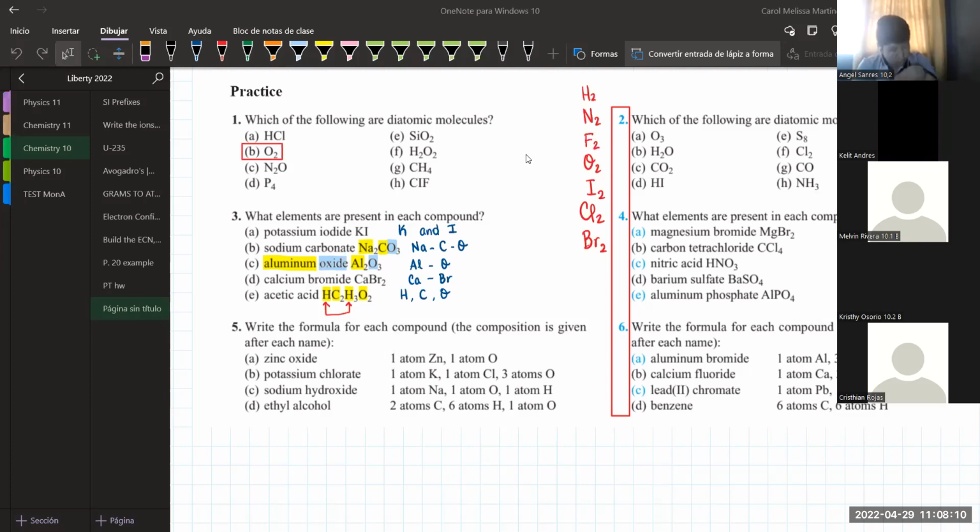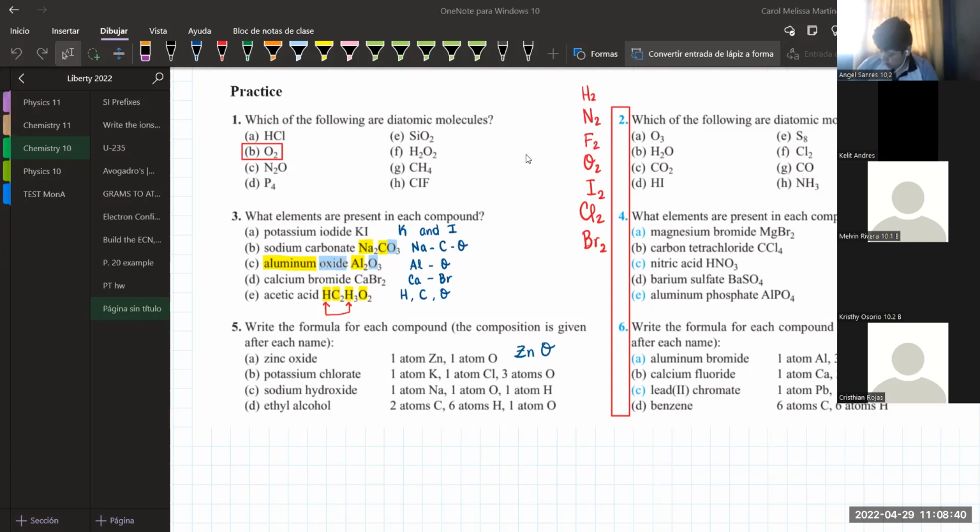In the last part, it says write a formula for each compound, and they are giving you the composition, okay? It says zinc oxide, it includes 1 atom of zinc and 1 atom of oxygen. What you're going to do is put them together, zinc and oxygen. And because they are giving you just 1 and 1 atoms of each, remember they are invisible, they don't need to be shown.